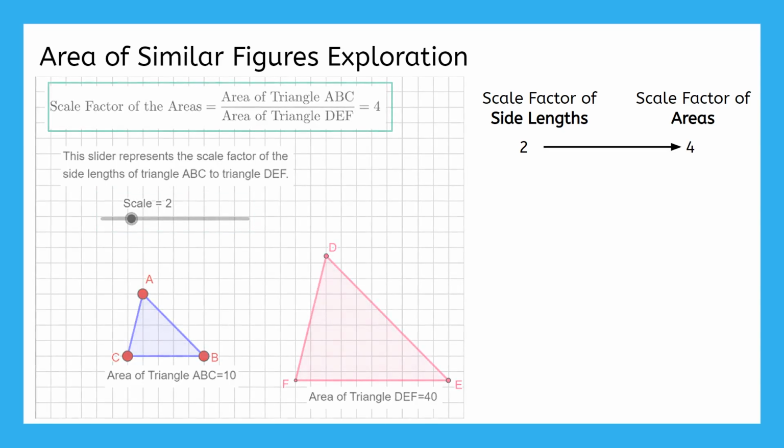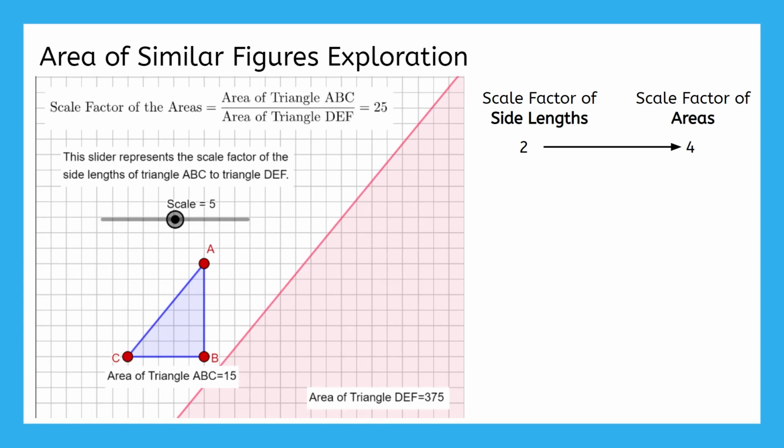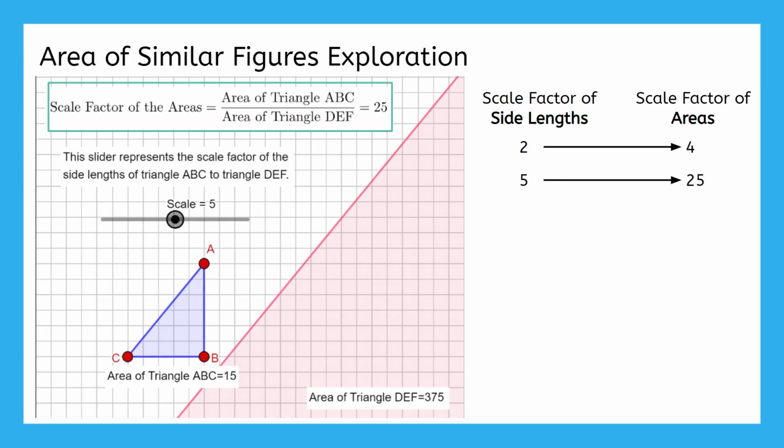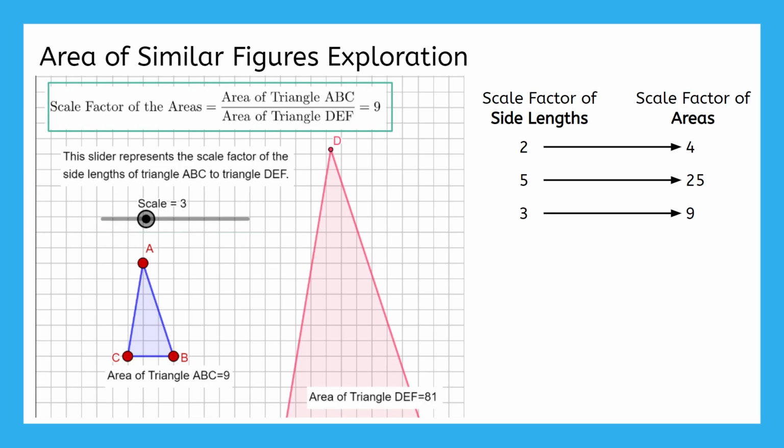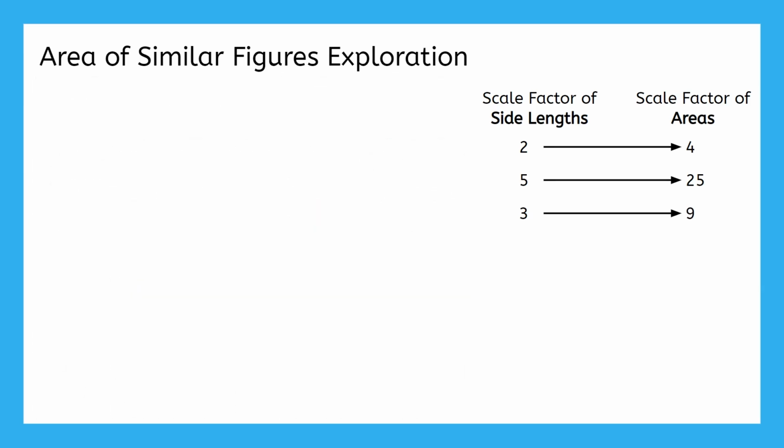When I changed my slider, I used a scale factor for the side lengths of 5, and the scale factor of the area was 25. For my third experiment, I used a scale factor for the side lengths of 3, and the scale factor of the area was 9. I think I've gathered enough information to help me come to a conclusion, so let's clear out some room and make this chart bigger.